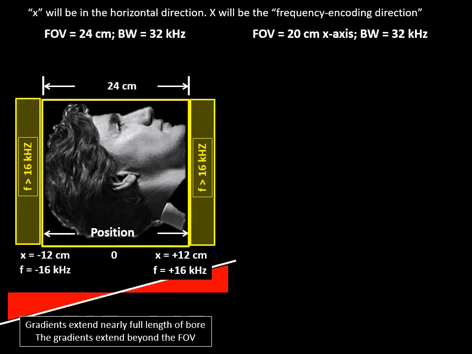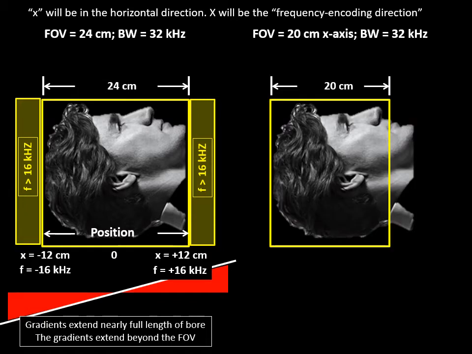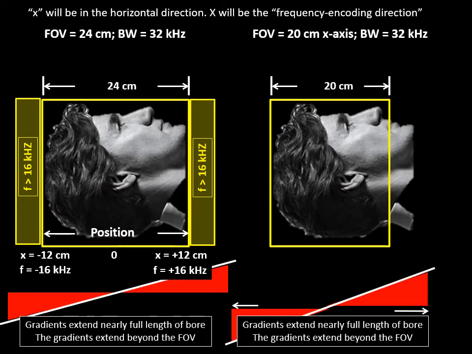If we now choose to reduce the field of view in the X direction to 20 centimeters and keep the same bandwidth, as is shown in this next diagram on the right, we can see that the chin is outside the field of view. As stated already, the gradients extend beyond the field of view.